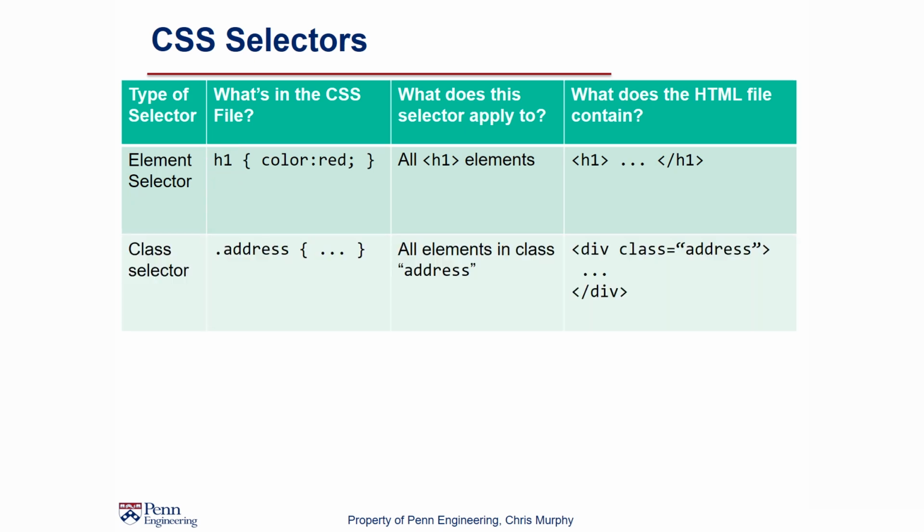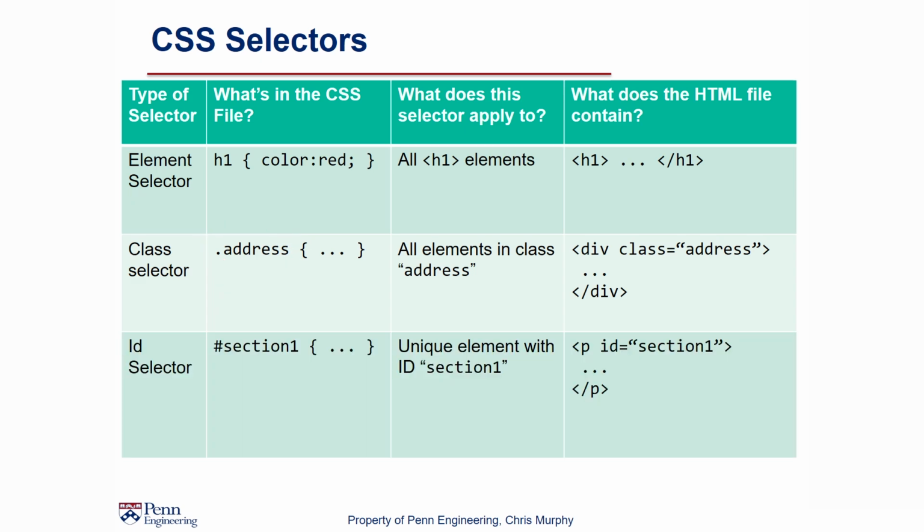Now, one that we saw at the end of the last lesson was the class selector. The class selector always starts with a period to indicate the name of the class, and then the name of the class. If we had a class called address, and then we had HTML elements that were in that class using the class attribute, then it would apply this styling to every HTML element that's in that class.